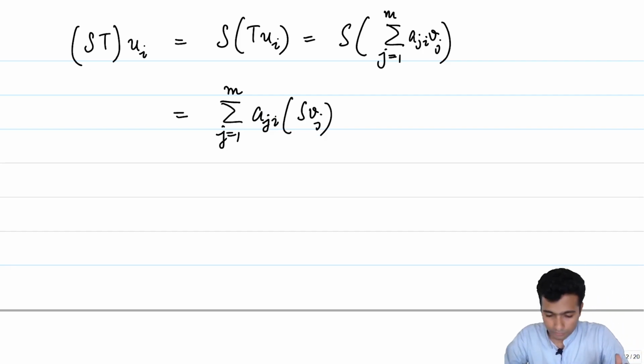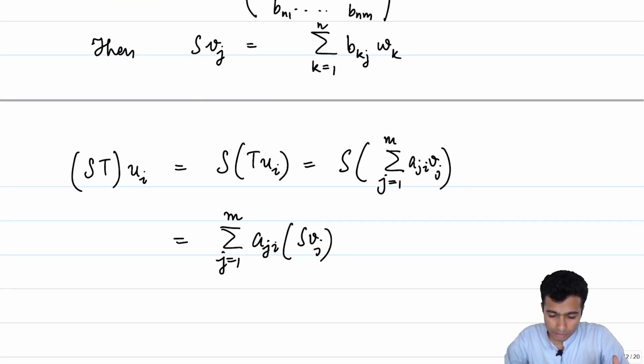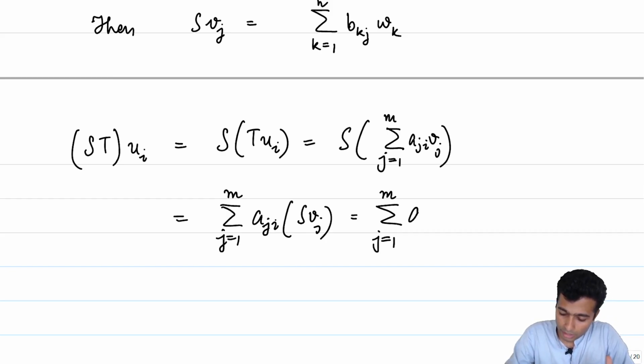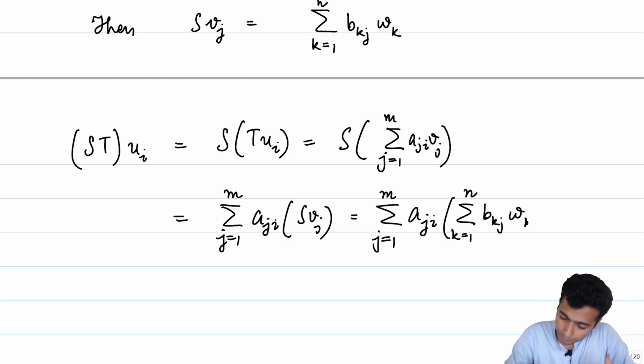But we also know what S v_j is from our matrix representation. This is nothing but summation j equal to 1 to m A_ji times summation k equal to 1 to n B_kj w_k.